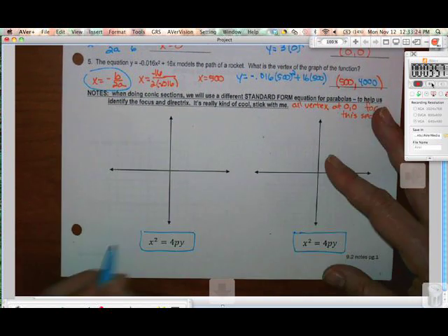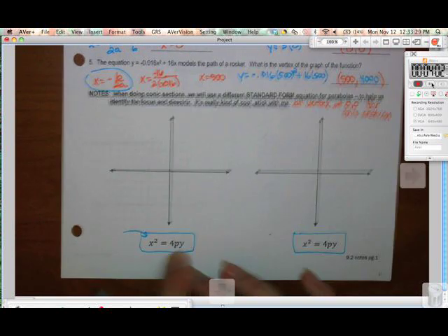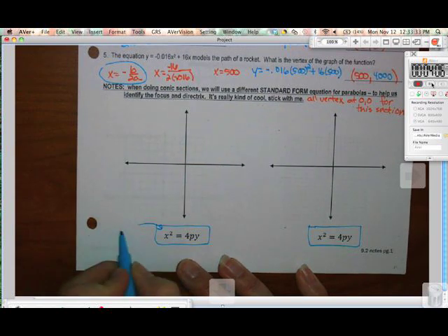So first of all, if you have x squared equals stuff, x squared, as you learned, means a parabola that opens up or down.